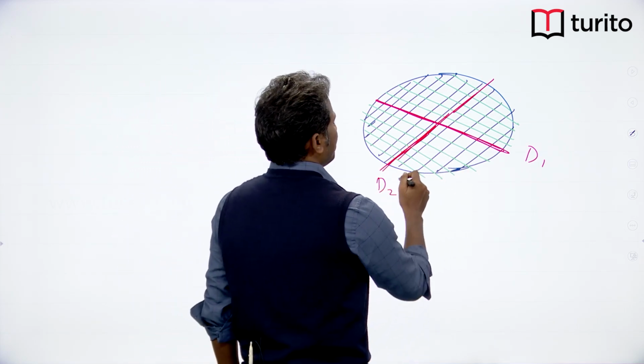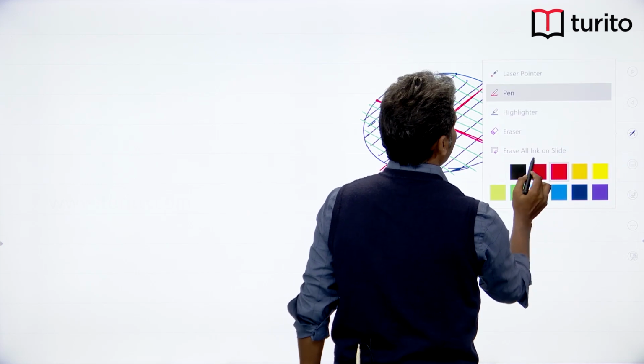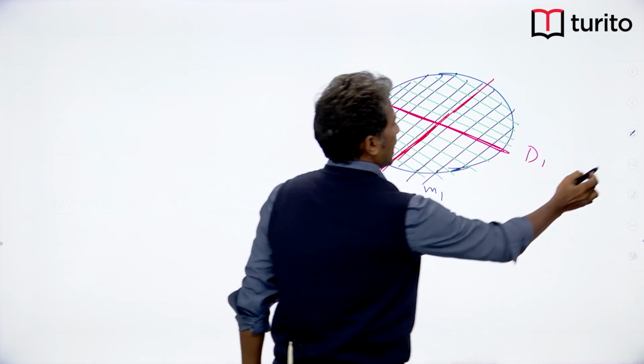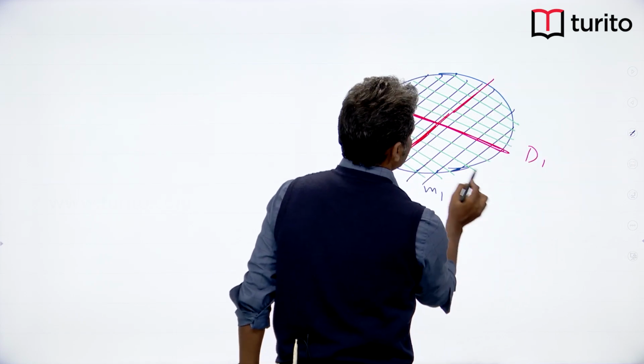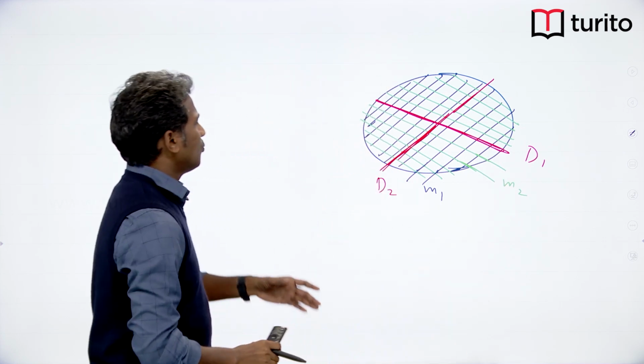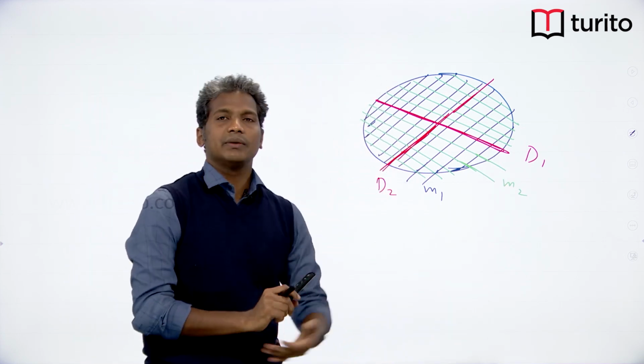suppose these blue chords have slope M1 and the green chords have slope M2. Then what could be the relation between M1 and M2?